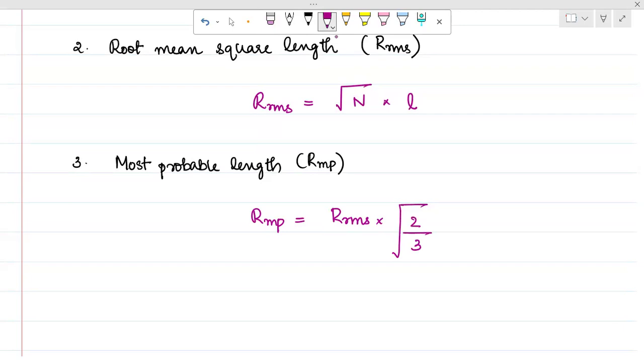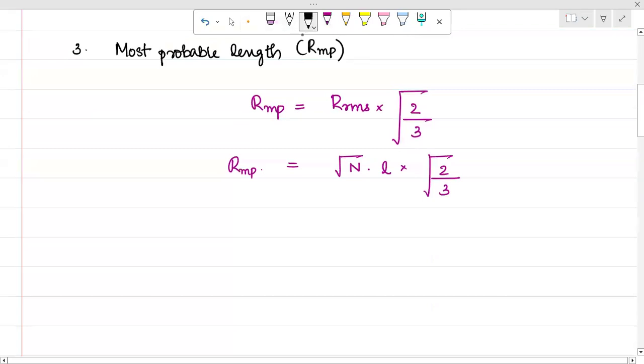So already know what R_RMS is. It is root N into L. L is not within the root, so pay attention to that, okay? L is outside the root. Into root 2 by 3 is the equation for most probable length of the polymer.